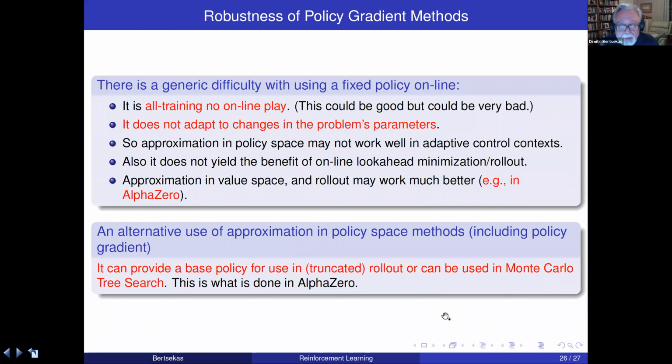However, people have used evolutionary algorithms. There's a literature; it's not a very popular method in this context, but people have used it.